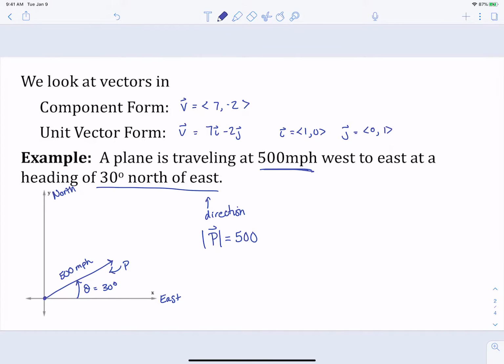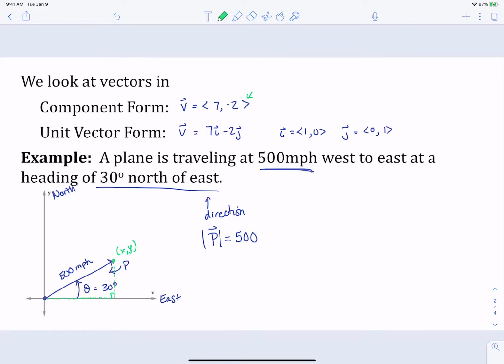So one of the ways that we could talk about where this is ending up and the direction that we're headed is to look at this as a right triangle, and this point here is (x, y). That's exactly what we were doing up here with the component form.